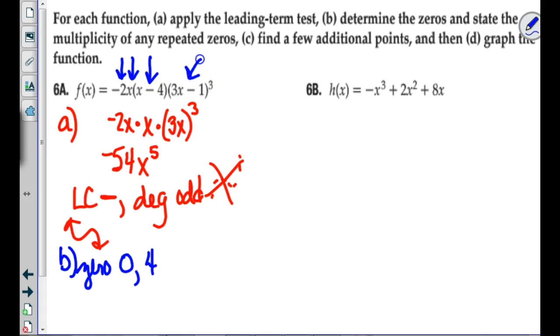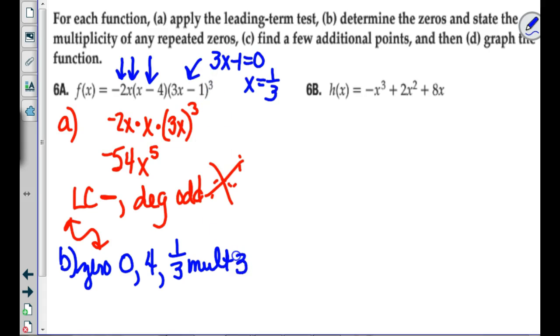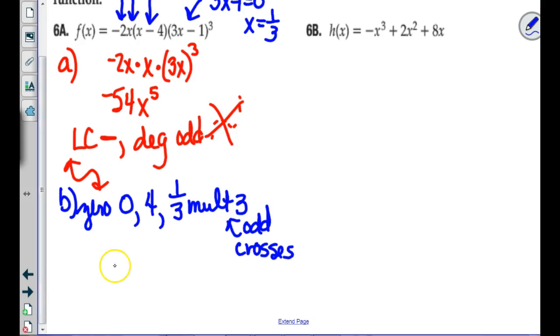Nope, but be careful. This one's not 1. What is this one? 3x minus 1 equals 0, so x equals 1/3 is a zero. And that one, you have to indicate the multiplicity, which is the exponent power of 3. Okay, because it's an exponent power of 3, does that mean it crosses or kisses? Crosses. So if we graph this, it's going to have a zero at 0, 1/3, and 4. It's coming from up here, and it's going to cross at all of those.